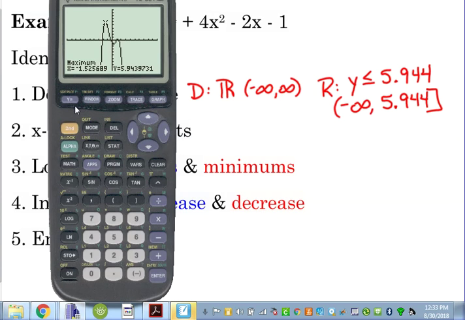Now, when you do this on your paper, I suggest when you graph it on your calculator, go ahead and start adding these specific points to the graph on your paper, because when we get ready to do intervals of increasing and decreasing, guess what? I'm going to need that x coordinate right there.